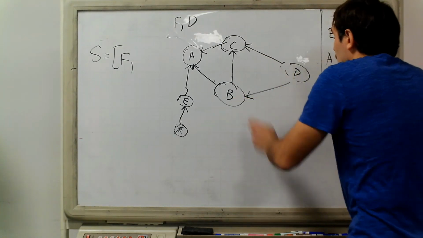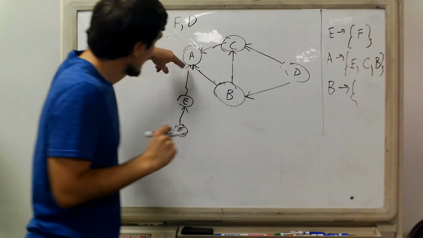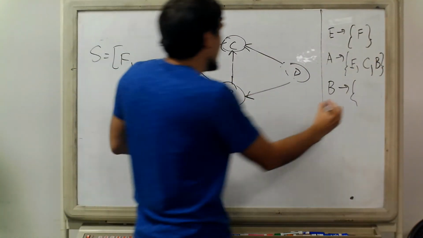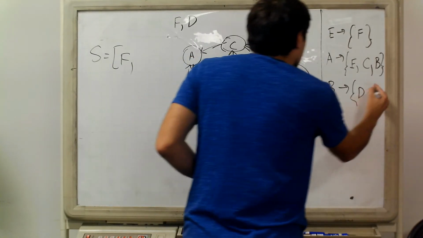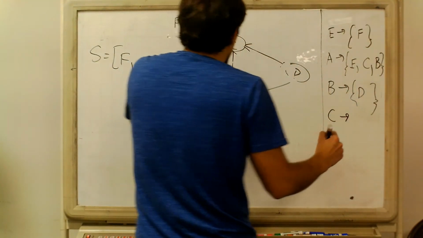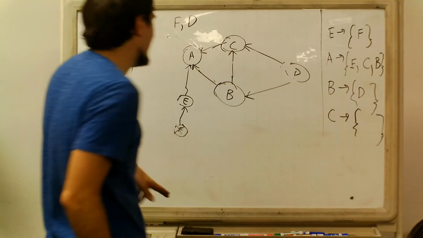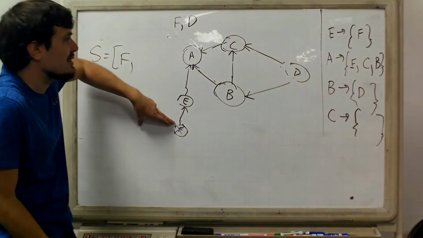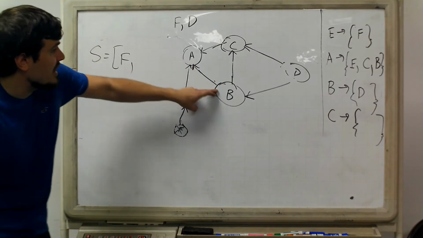And then B had D going into it, right? And C had... this is why I want to put this up, because otherwise trying to interpret it on the spot gets a little confusing. Yeah, so E was going to F, A was going to E, B, and C.